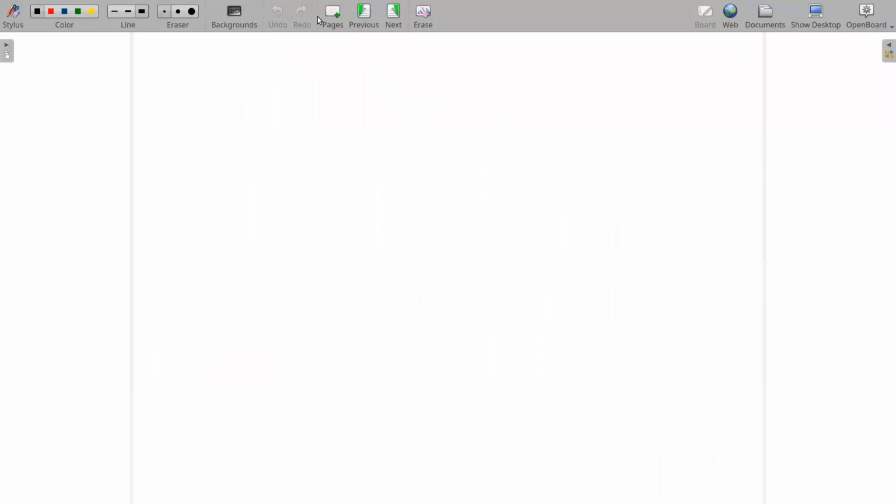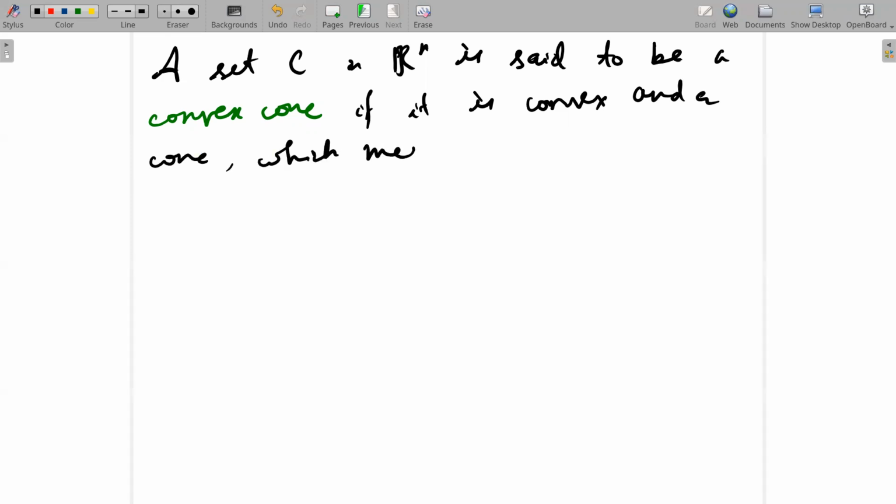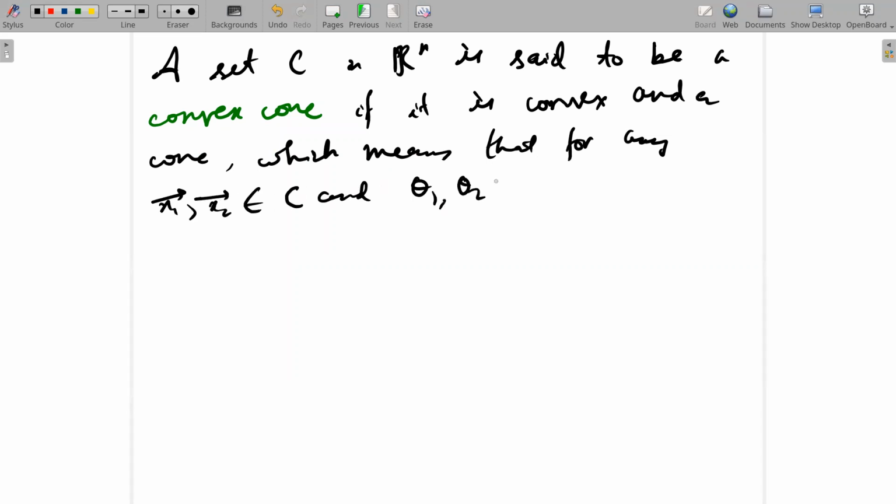I'll draw that example afterwards. A set C in Rn is said to be a convex cone if it is convex and a cone, which means that for any 2 points x1, x2 in C, and two non-negative coefficients theta 1, theta 2, a linear combination theta 1 x1 plus theta 2 x2 also belongs to C. In particular, recall the definition of convexity.